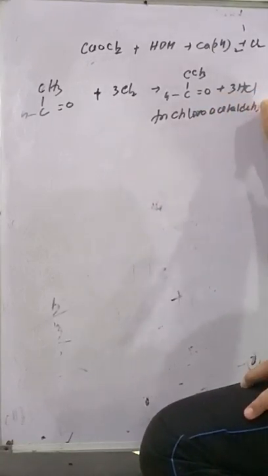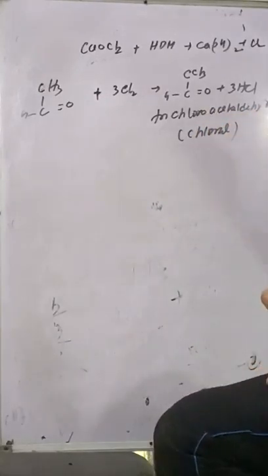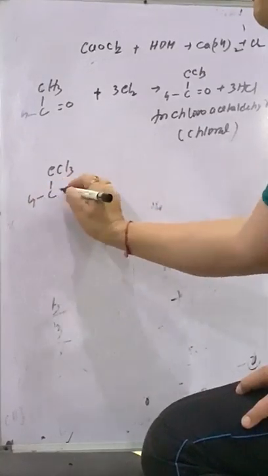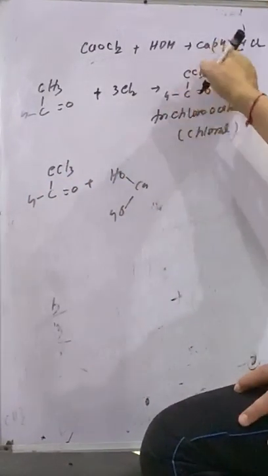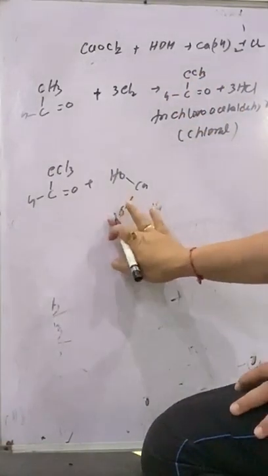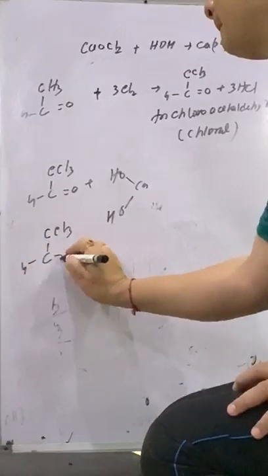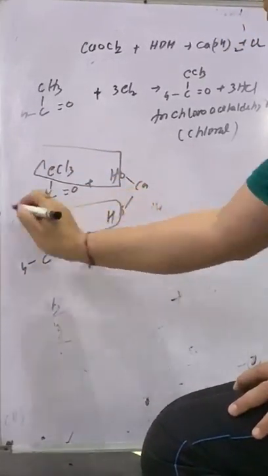This trichloroacetaldehyde is also known as chloral. It is then treated with calcium hydroxide, the same proposition. So CHCl3 is out, from here also CHCl3 is out.